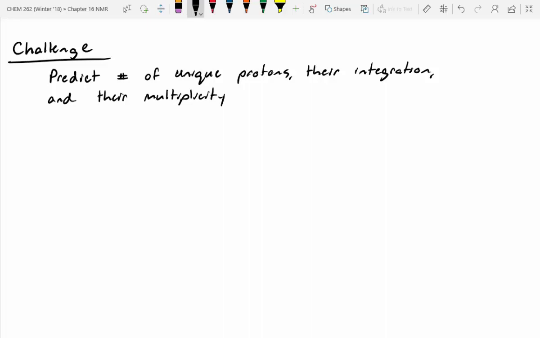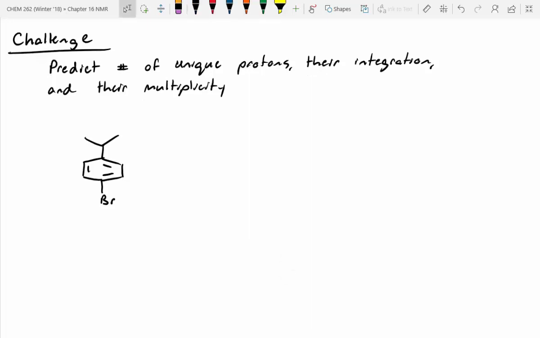All right, the example I'll give you looks like this. So we want to start out first determining the number of unique protons. Integration's pretty easy, right? And then multiplicity is the hard part. So I'll give you guys a minute to work on this, but check with your neighbor and see if you agree with one another.